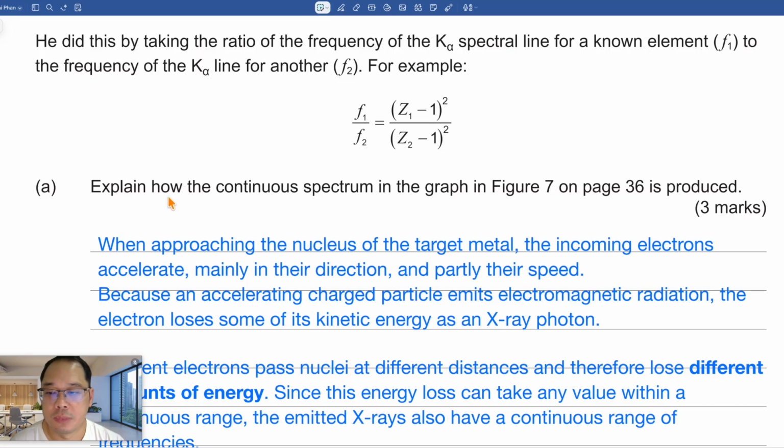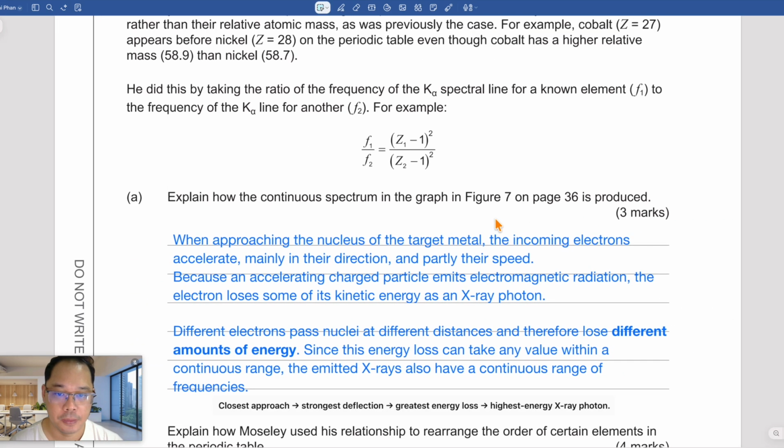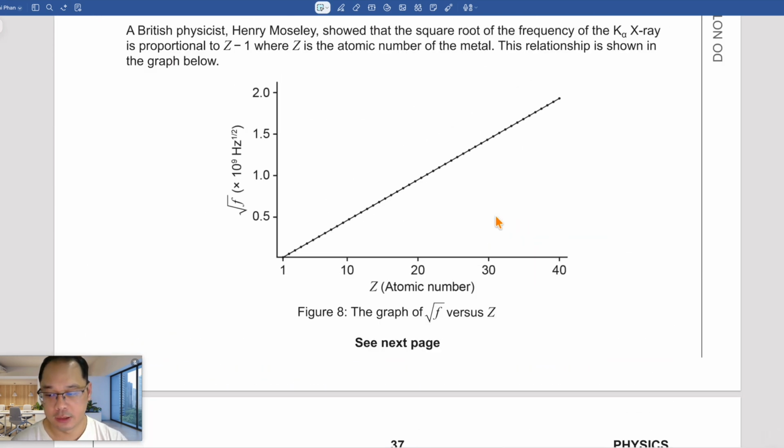Question A. Explain how the continuous spectrum in the graph in figure 7 on page 36 is produced. We students studied in a previous topic about discrete energy levels, about the quantization of energy.